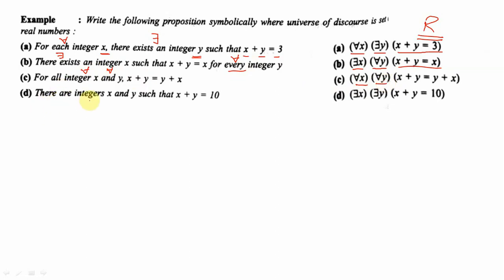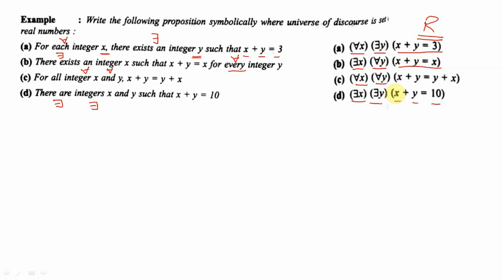There are integers. There exist x, there exist y such that x plus y is equal to 10. Please understand, while converting a statement from informal to formal, do not stop to check whether the statement you are coming up with is factually true or false.